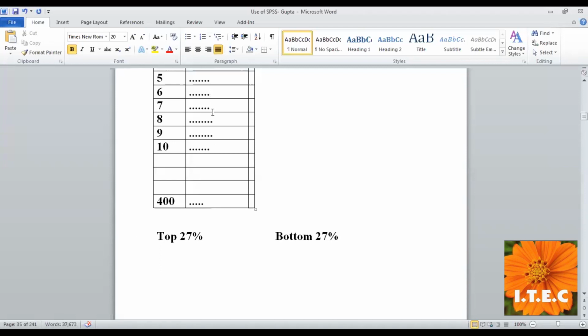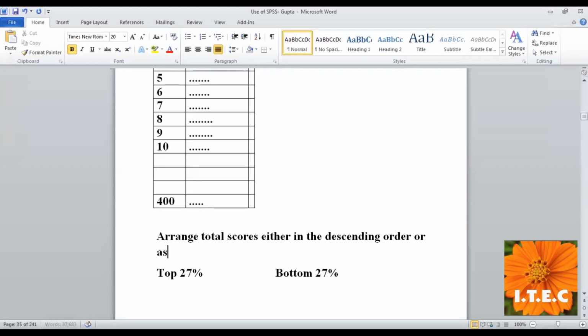That means from the total score, you arrange them either in the descending order or ascending order. Which one do you want?